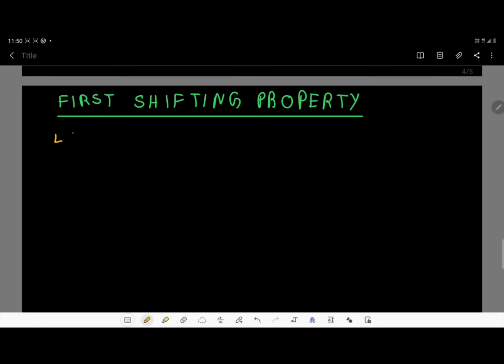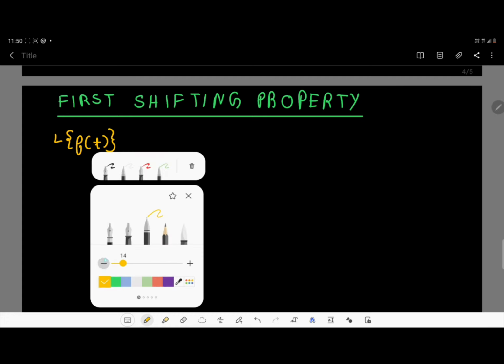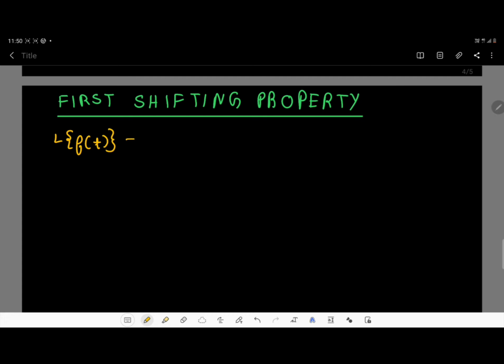The Laplace transform of any function f of t is equal to f of s, right?